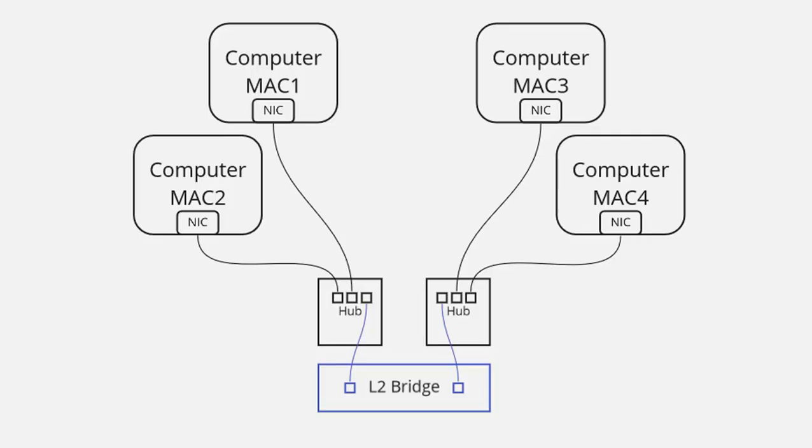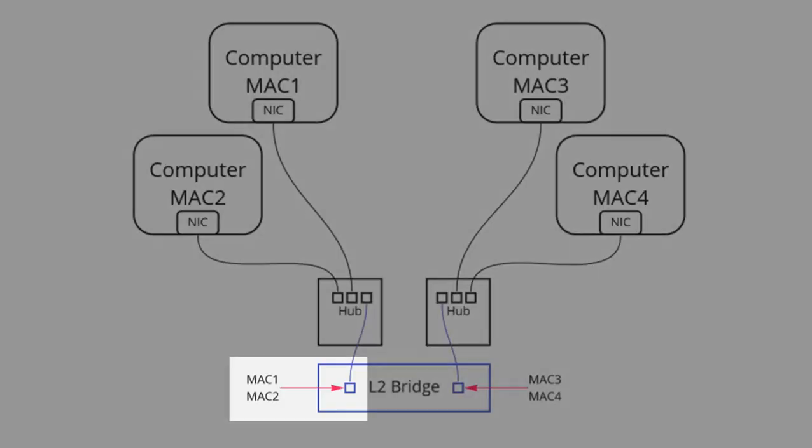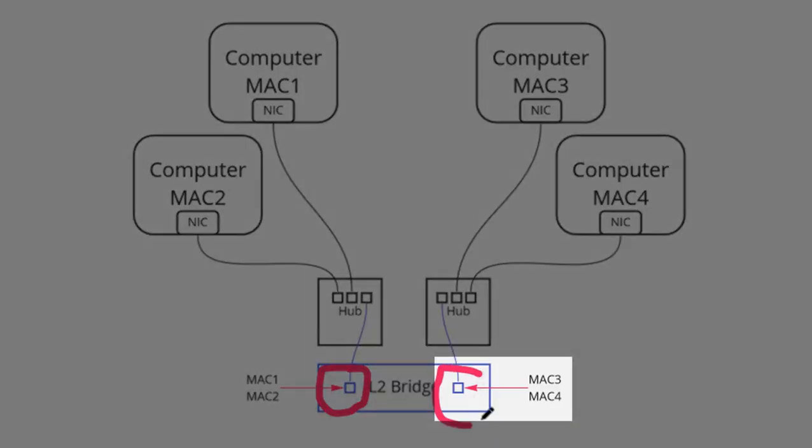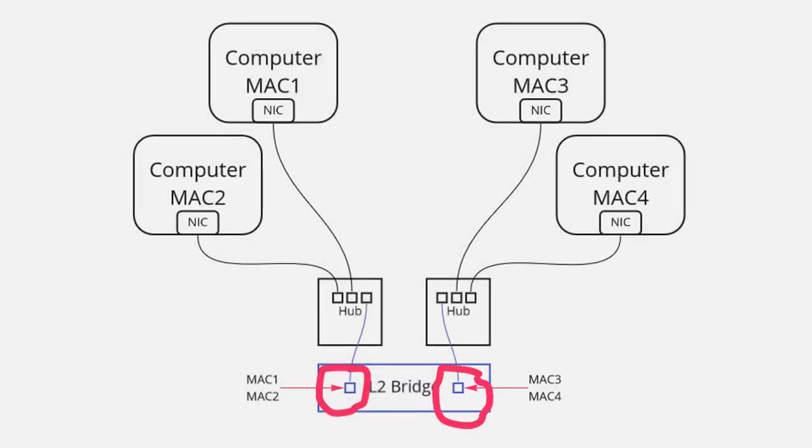The MAC address table tracks which MAC addresses are reachable through which port. In this scenario, it knows that MAC address 1 and MAC address 2 are reachable through this port, and MAC address 3 and MAC address 4 are reachable through this port. Now, again, let's assume that this computer initiates a unicast that is destined for MAC 2.